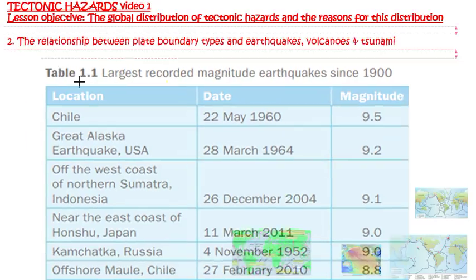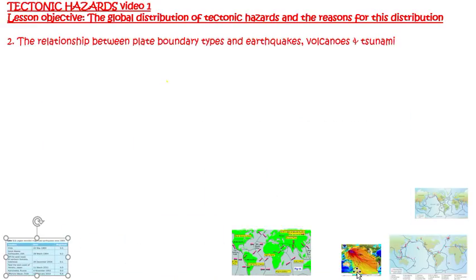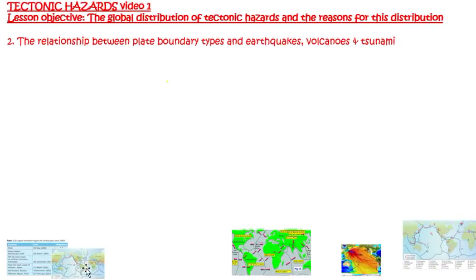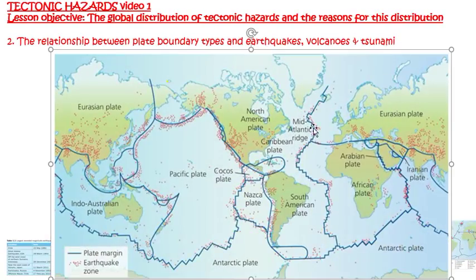So if we map these, here we go. Chile number 1, Chile number 2, Japan, Kamchatka in Russia, I think that's somewhere up here, Indonesia.